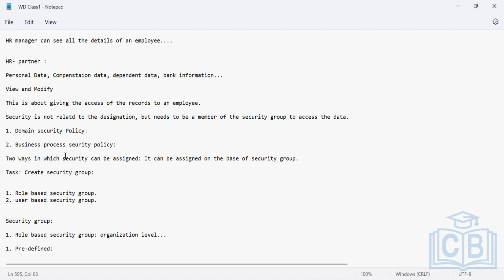A user can be a member of multiple security groups by assigning multiple roles. It is not that you will only assign one role. You can assign multiple roles to one person, and that person will become a member of each security group. Does that make sense? This is very important. We cannot forget it.